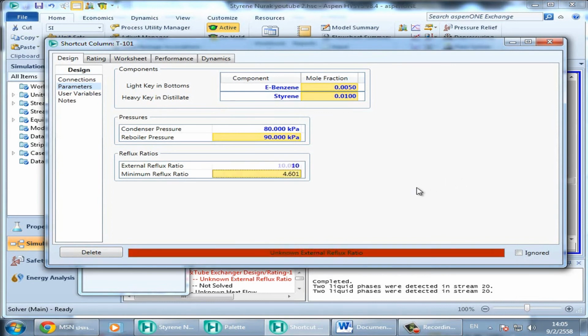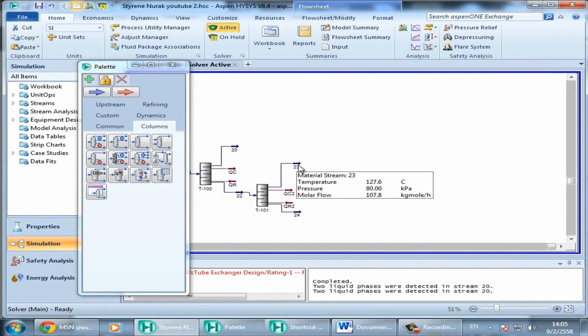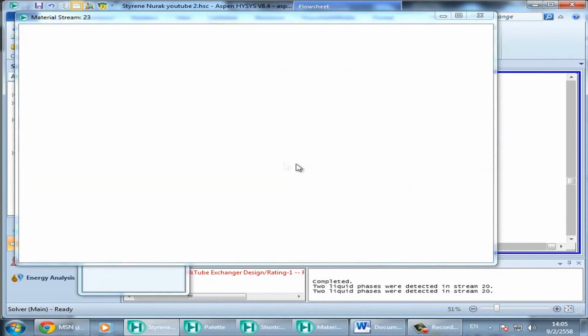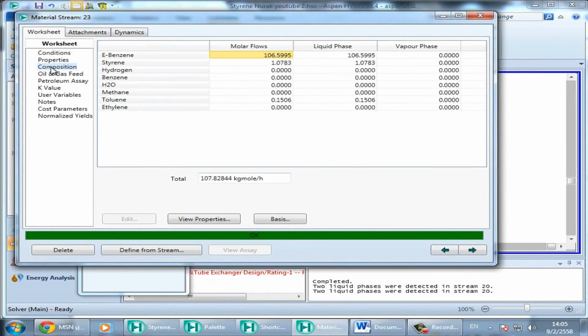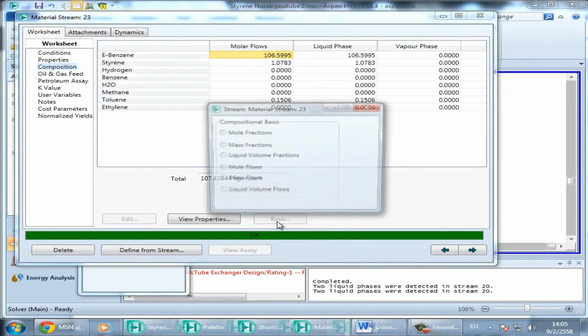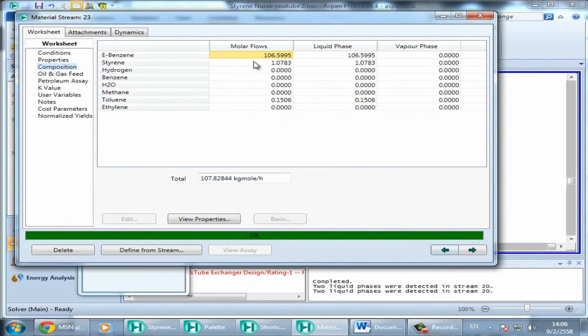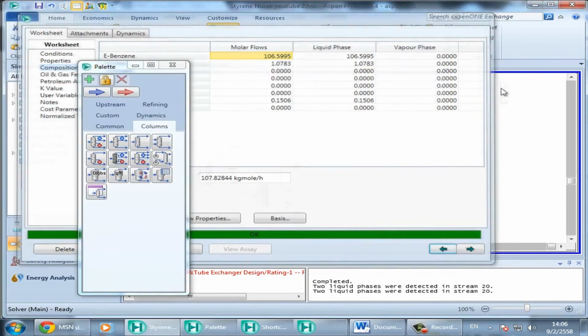Let's see what happened. Oh, it's alright. So we now have ethylbenzene ready to recycle. See, most of it is ethylbenzene, compared to styrene, which is only 1 kilomole per hour.